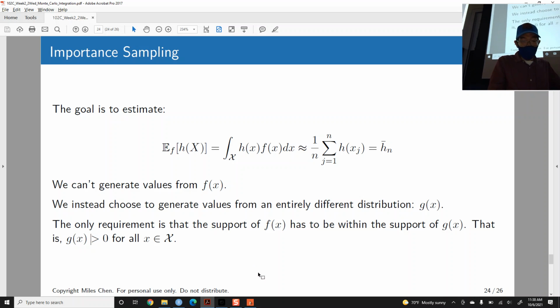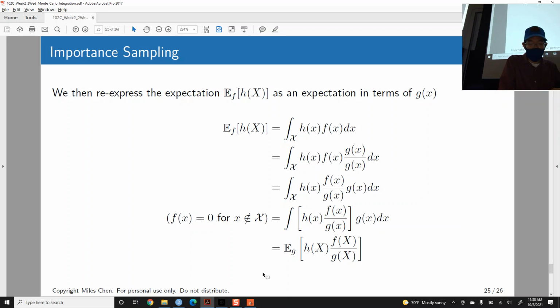Okay, so then what do we do? Here I threw some math up, and look at this, it works. The math here says I'm going to multiply by g over g.